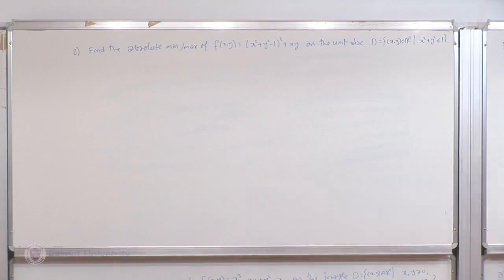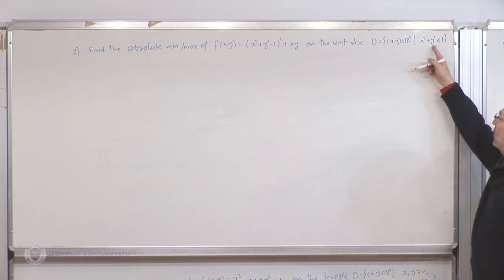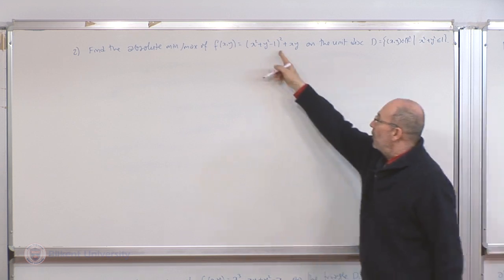So the procedure is the same. We'll find critical points, pick up the ones that are inside the disk without the boundary, and then we'll restrict the function to the boundary. The function is easy on the boundary because on the boundary, x squared plus y squared is 1. So this part is 0.